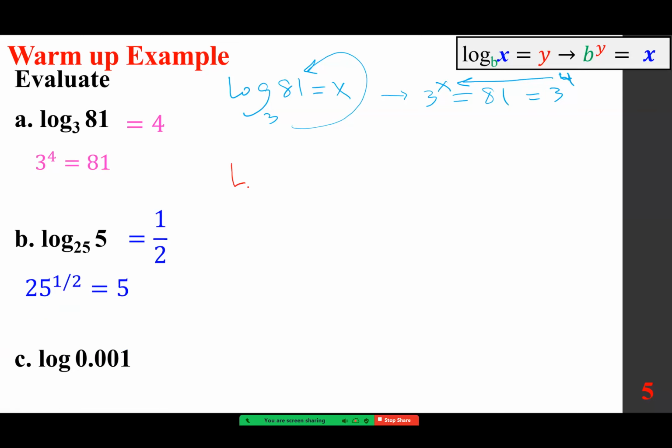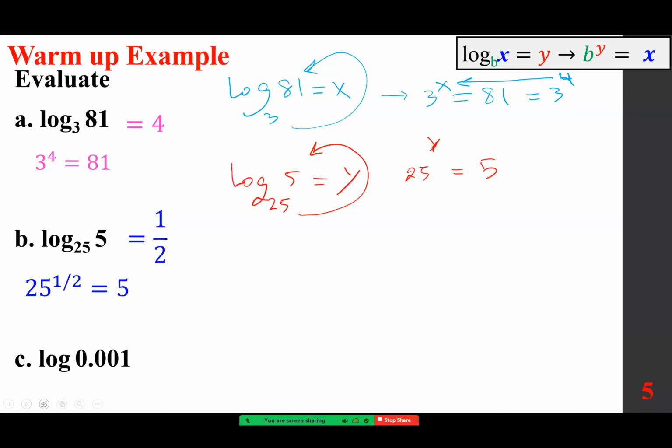If we want to justify it just the way we did the other one, we are going to write log base 25 of 5 is missing. This time, let me use a different variable, y. Then by definition, 25 to the power of y must be 5.